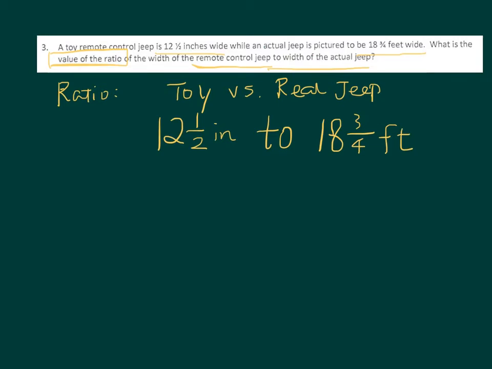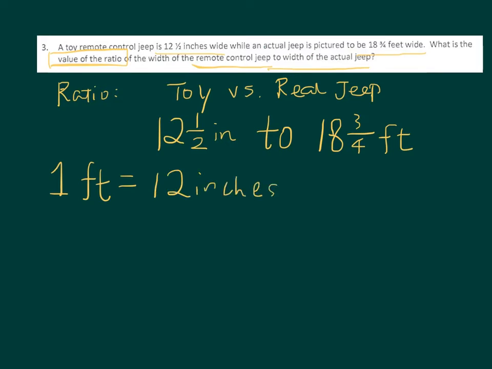Okay, we have different units here. One is in inches, the other one is in feet. This is actually not a ratio, it's a rate. So if I have to write it as a ratio, I need to convert them to the same unit. In other words, I need to convert 18 3/4 feet into inches. So feet is way longer than inches, because 1 foot equals 12 inches.